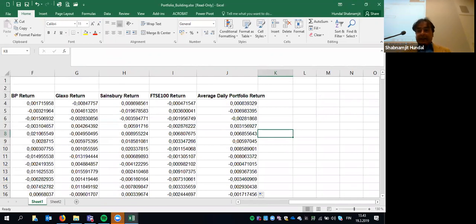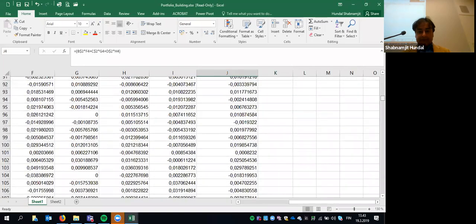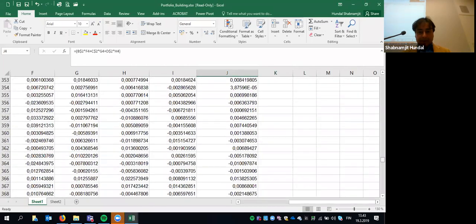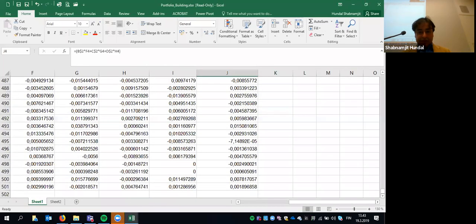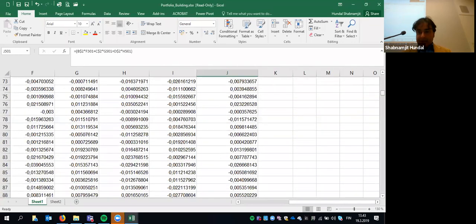And you can see there that our first number is J4, and the last one is J501.